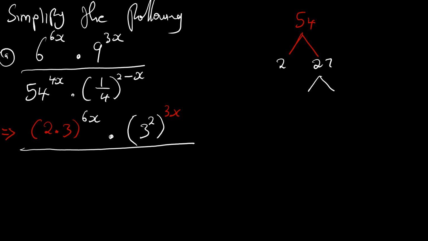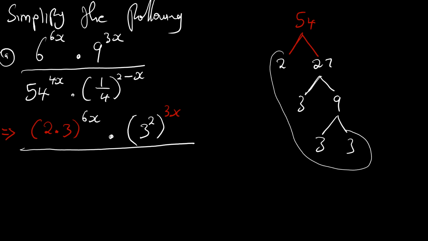Let's expand 27 to be 3 multiplied by 9. 9 is also not a prime factor, so to express 9 in the product of prime factors, it will be 3 multiplied by 3. So these are the prime factors that will give us 54: 2 multiplied by 3 multiplied by 3 multiplied by 3.